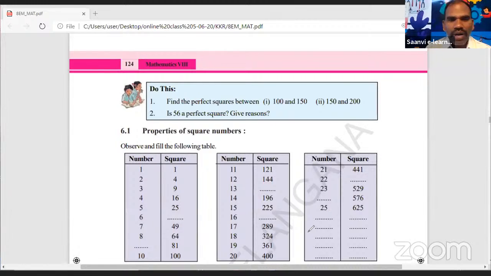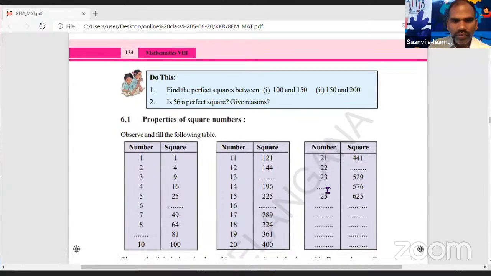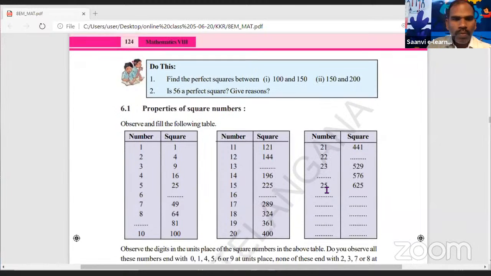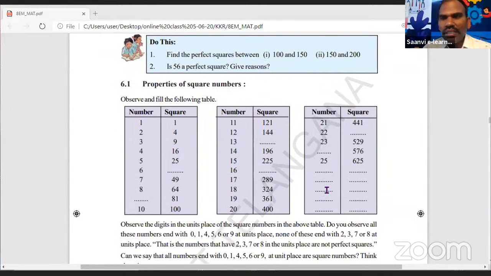Observe and fill the following table. See here. Square of 1, 1. Square of 2, 4. Square of 3, 9. Square of 4, 16. Square of 5, 25. Square of 6, 6 sixes are 36.